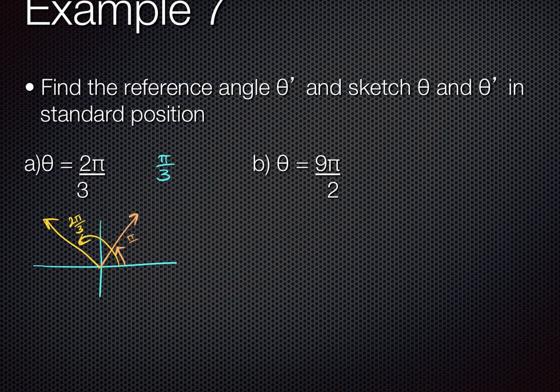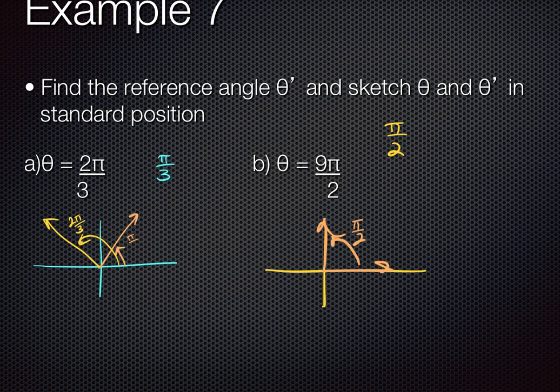How about 9 pi over 2? What's the reference angle? Pi over 2. Where's pi over 2? On the y-axis. Where is 9 pi over 2? How do I find it? You can keep subtracting 2 pi, but you have to pay attention to how many times you do it, because that's how many times you have to go around.